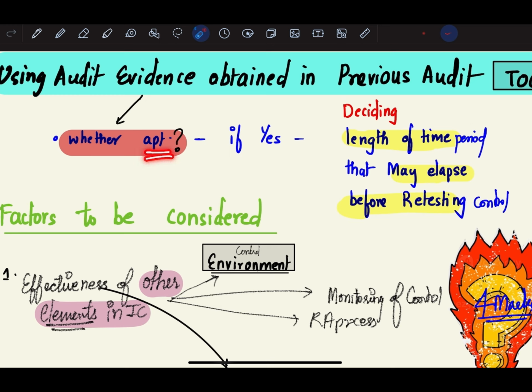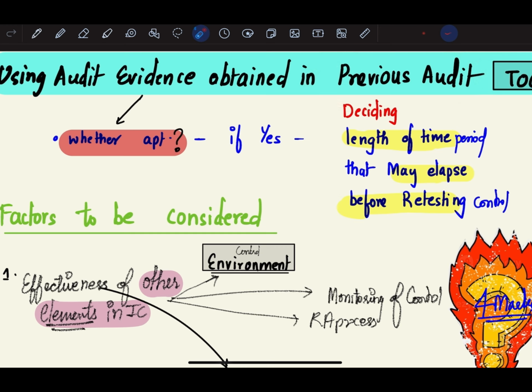If the auditor considers it appropriate, yes, I can use the previous year audit evidence right now, then the auditor will decide the length of time period that may elapse before retesting the control. So what is the length of time period for which you can use the previous audit evidence?